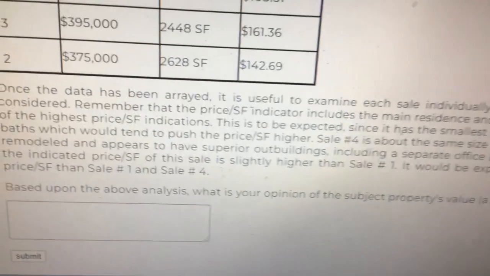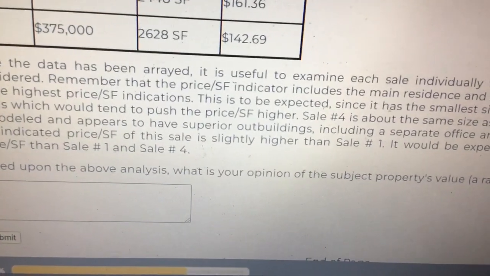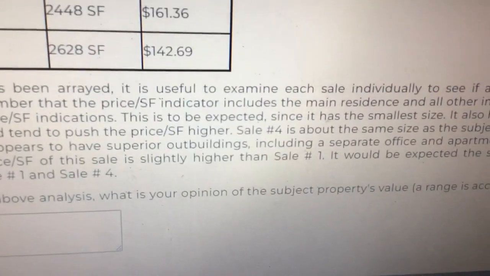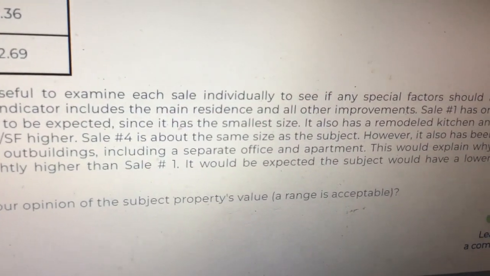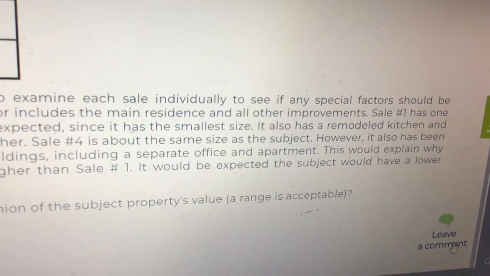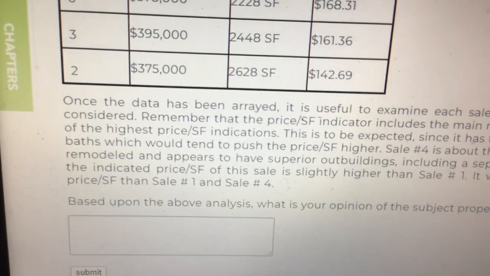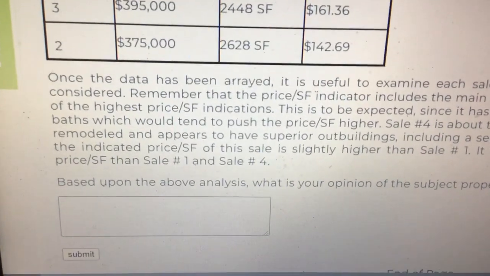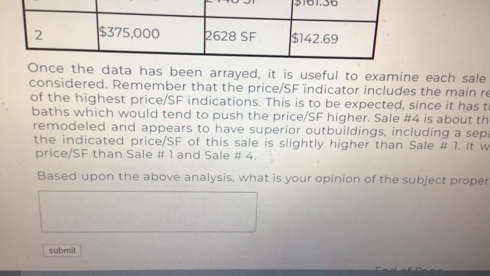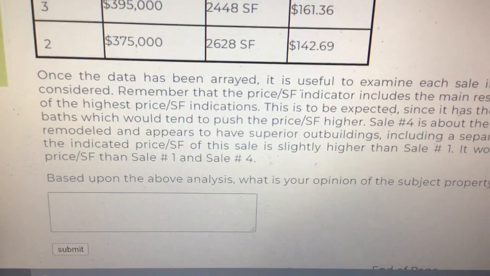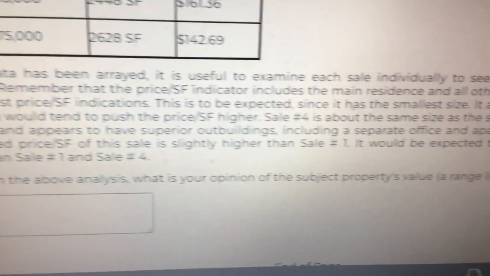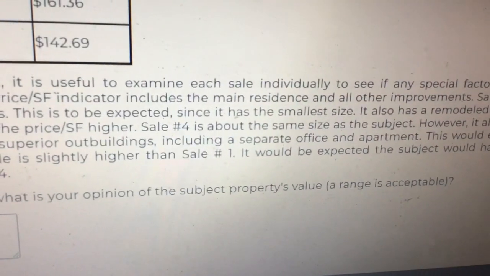This would explain why the indicated price per square foot of this sale is slightly higher than sale number 1. It would be expected the subject would have a lower price per square foot than sale number 1 and sale number 4. Based upon the above analysis, what is your opinion of the subject property's value?